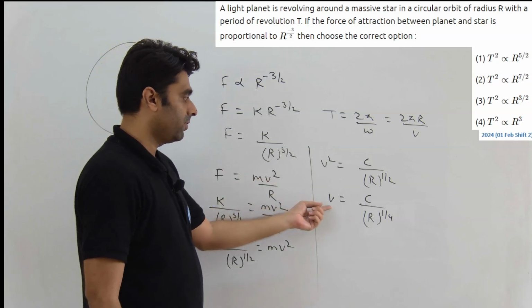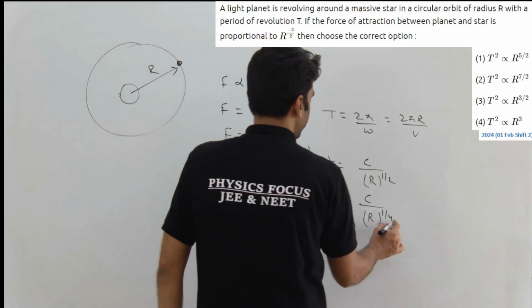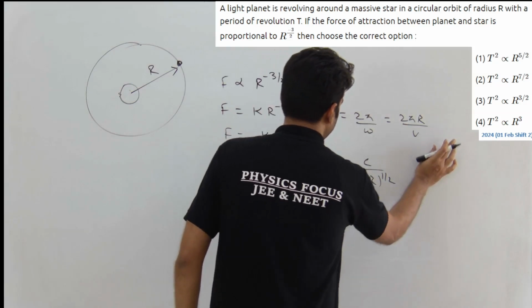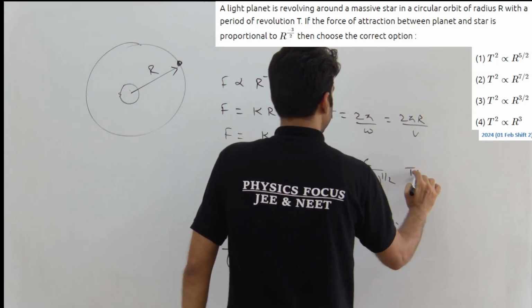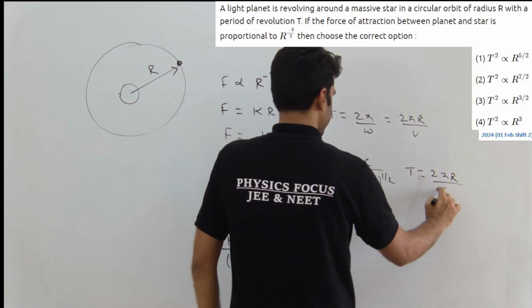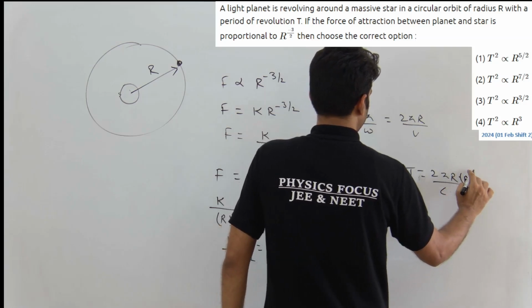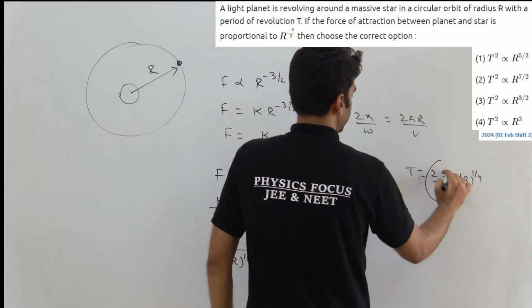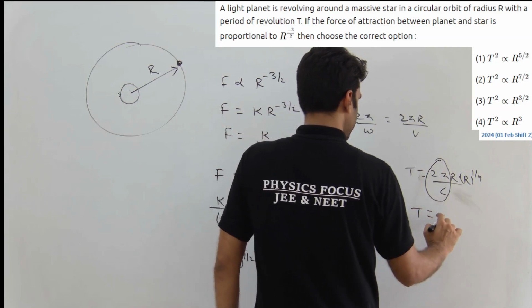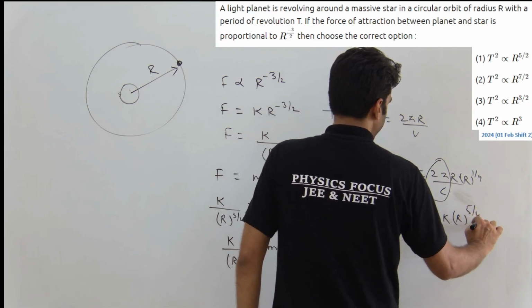So we have got v is equal to some constant c by r power 1 by 4. If we substitute over here, we will get T is equal to 2 pi r by v, which is basically c by r power 1 by 4. All this is constant, so T is equal to some constant k into r power 5 by 4.